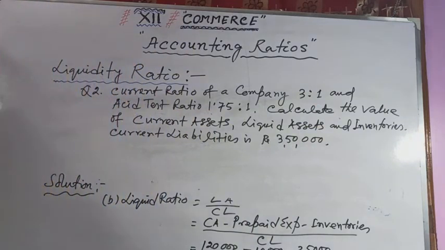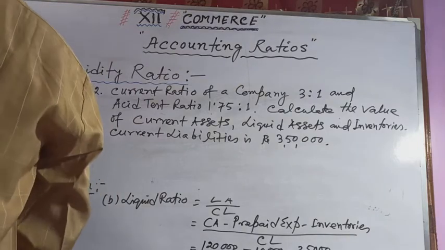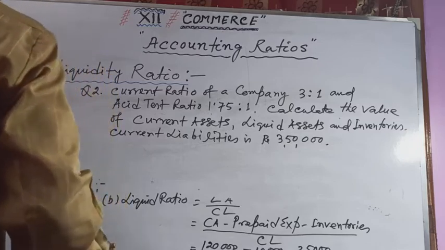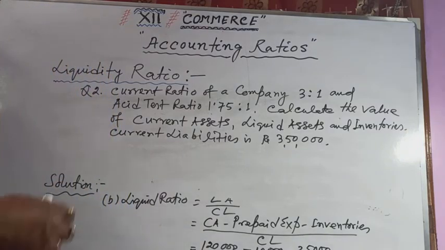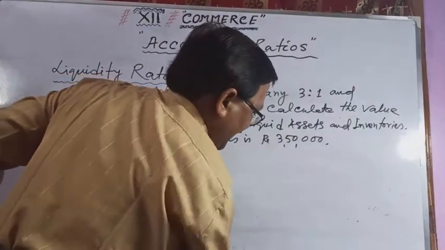Now you just calculate the current assets, liquid assets and inventories. Now you apply the mathematical formula CA by CL.